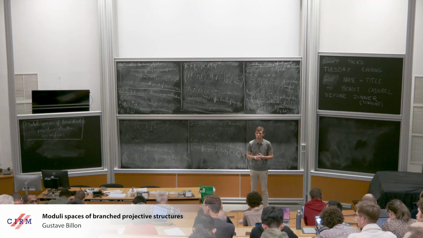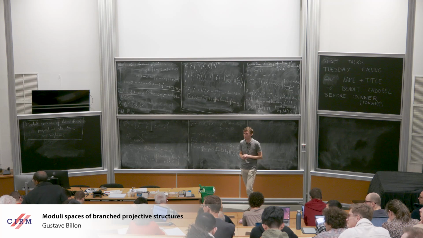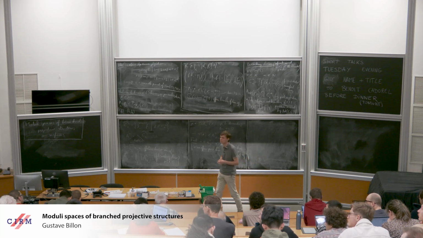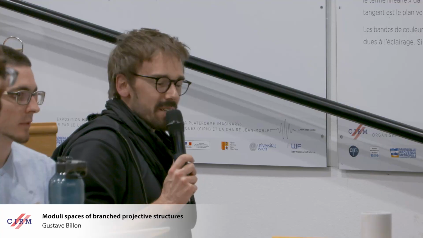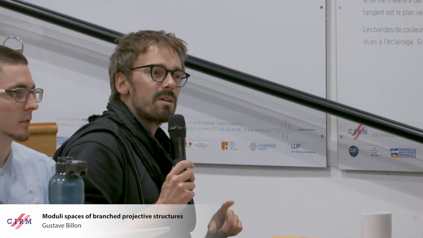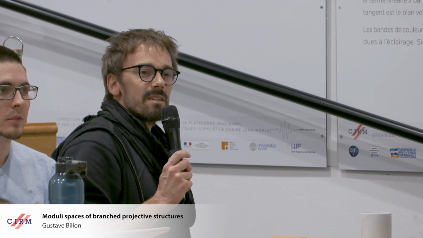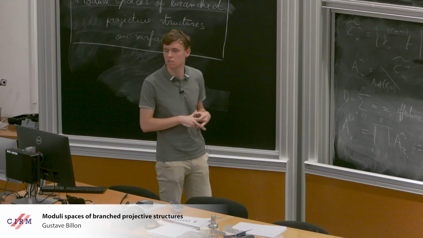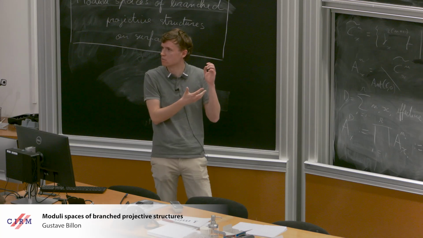Do you have any question? Is the submersion part of your statement a consequence of the result of Casamiglia, de Rouen, and Francamiglia? No, you can see it directly without using it. I find back their results.